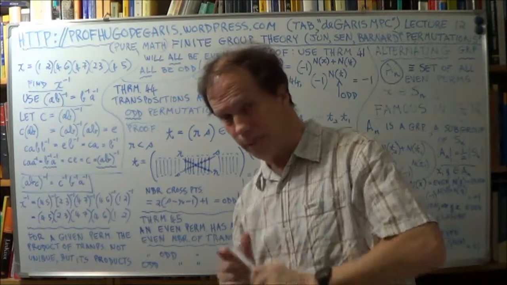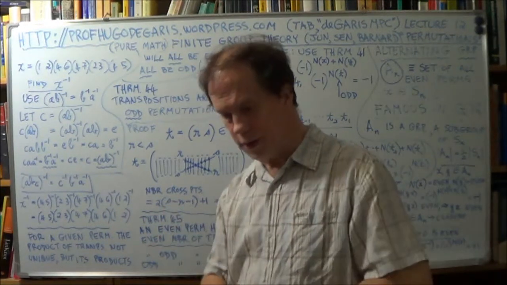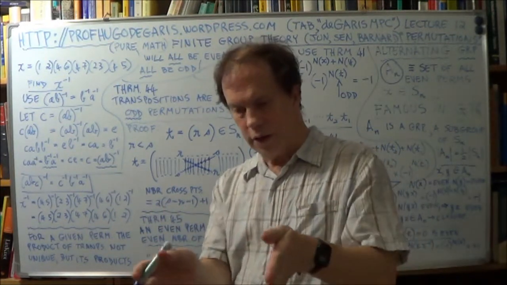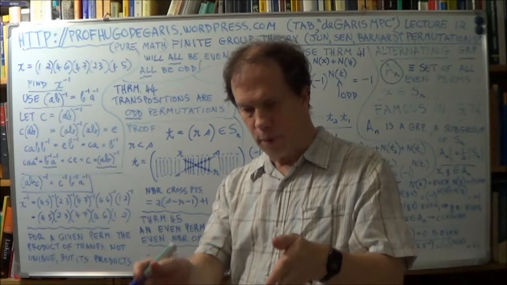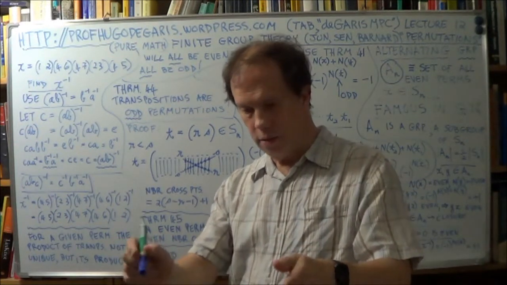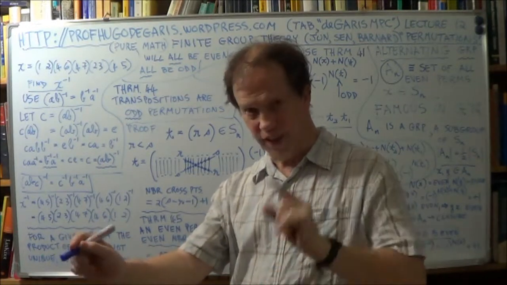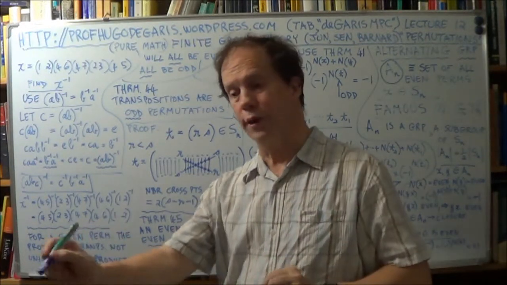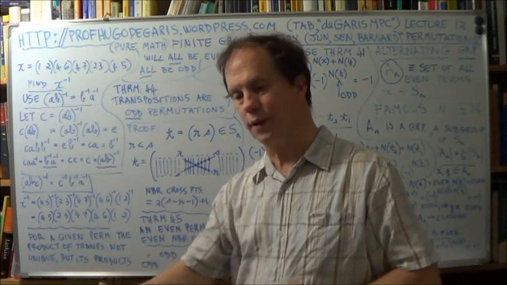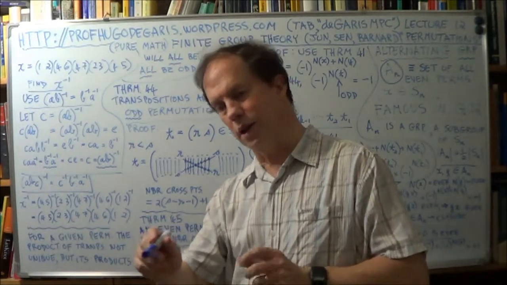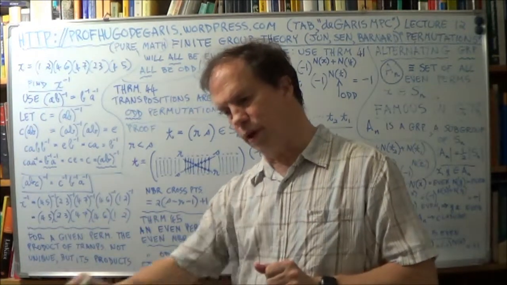But something's interesting if you notice this. Say you have a given permutation, and you break it down into products of transpositions. You get different products. So you have a list of them, different products.